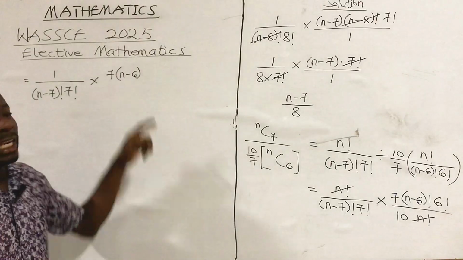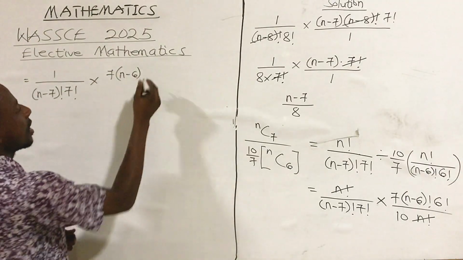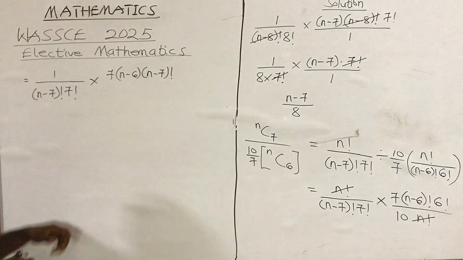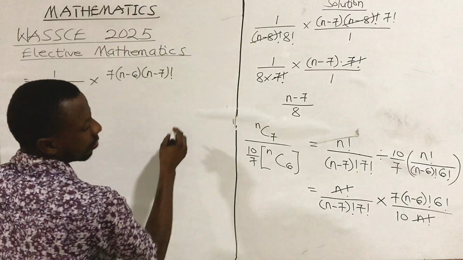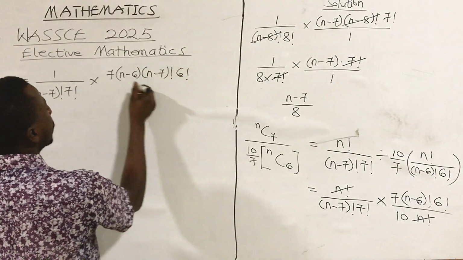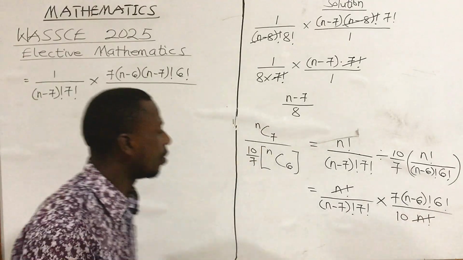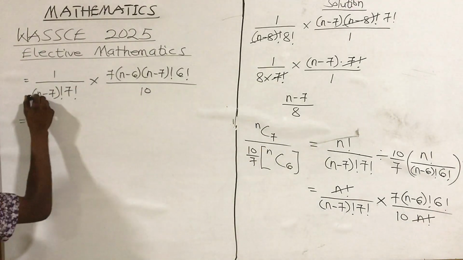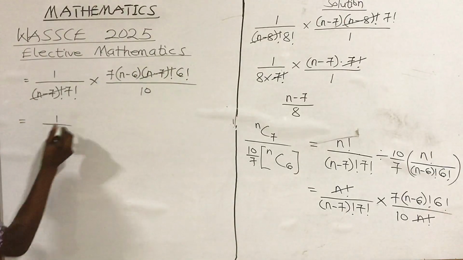Then the next term is going to be n minus 6 minus 1, giving us (n minus 7) factorial, so that we can use it to cancel what we have here. Then 6 factorial all over, so this is 6 factorial all over 10. So from here, this can take off this. So now we have 1 over.